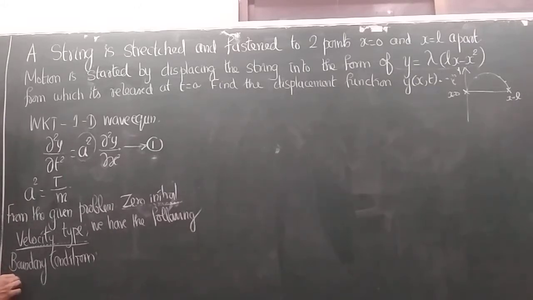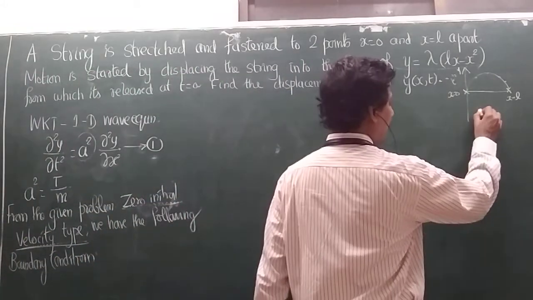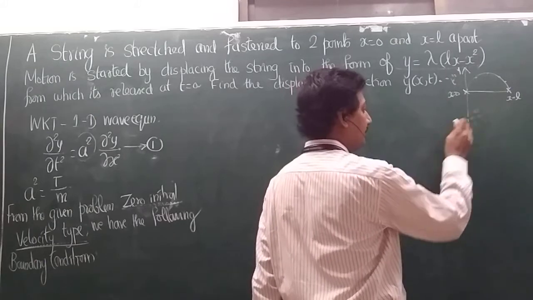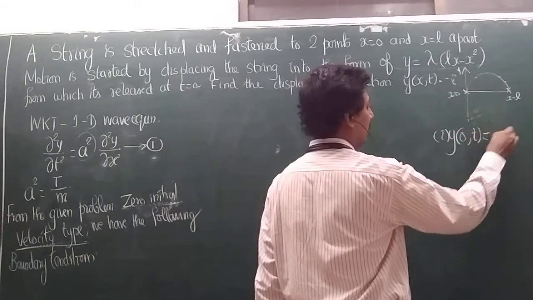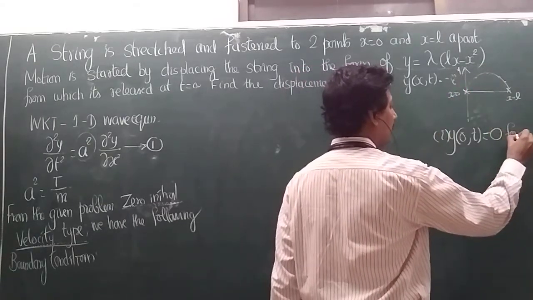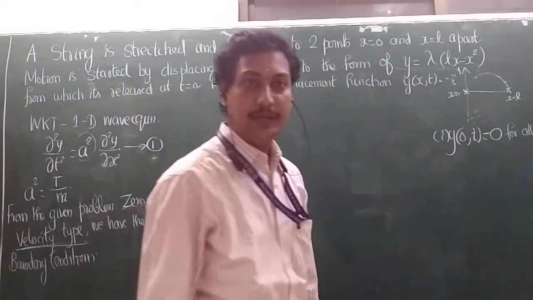The first boundary condition is for x equal to 0. At this point x equal to 0, there is no displacement because it is fixed, so y(0, t) = 0 for all time t greater than or equal to 0.